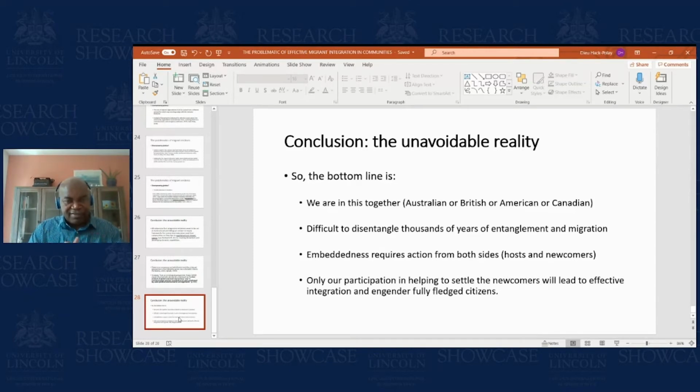And only that sort of action will, in our research findings, bring about citizens who feel citizenship of the same cultural, physical, and social space.